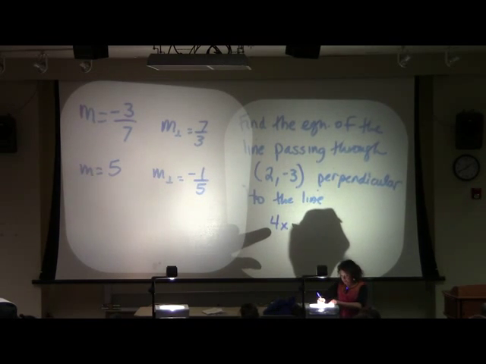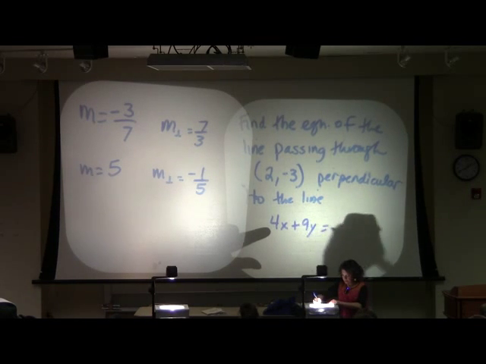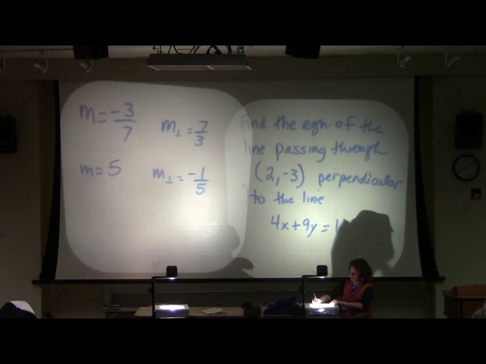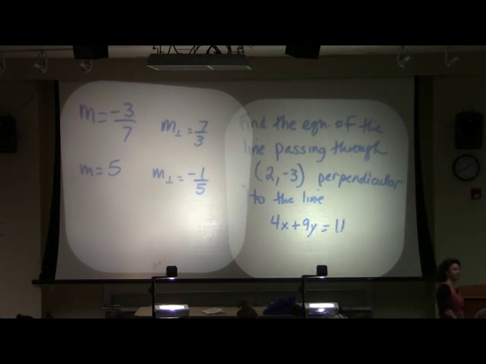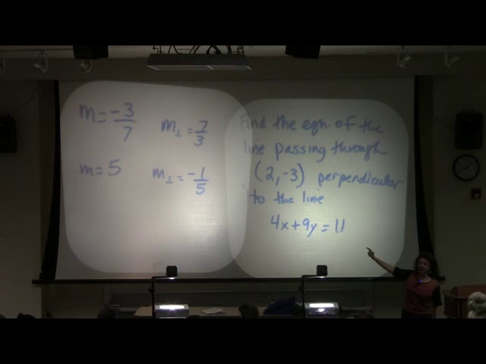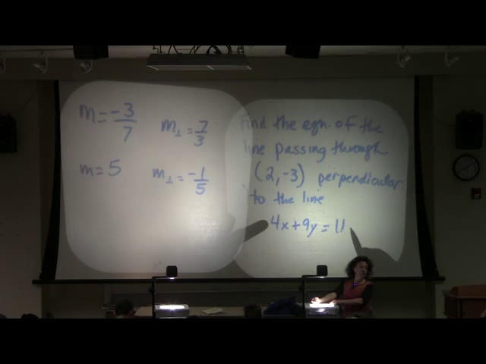Don't write this down yet. Yep, now you can write it down. Okay, so what we're wanting to do is find the equation of this line. We know that it is passing through the point (2, -3). And we're also given that the line we're looking for is perpendicular to this line. Okay? You guys with me?